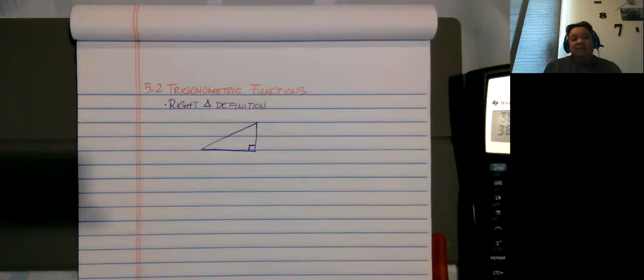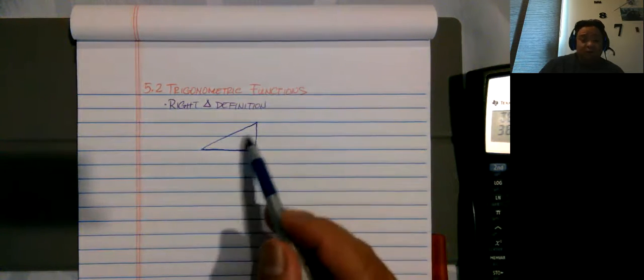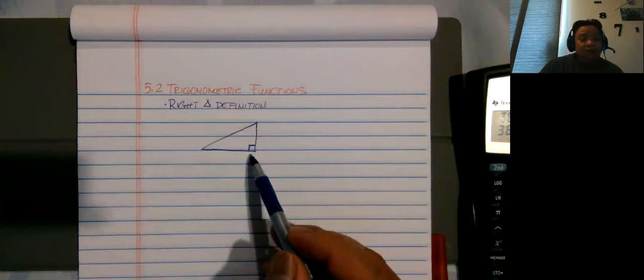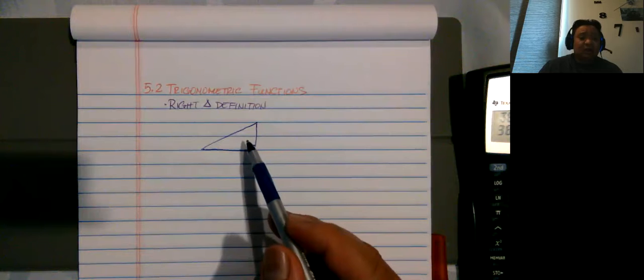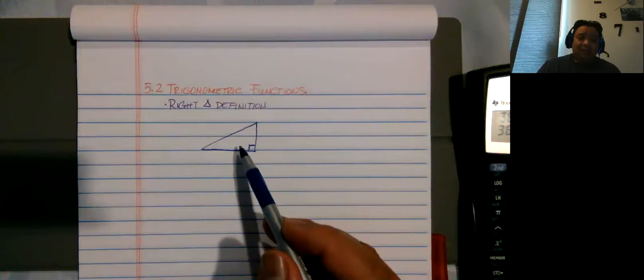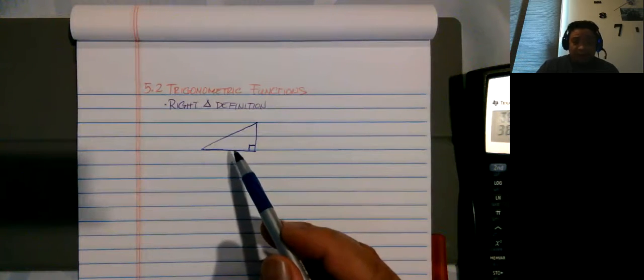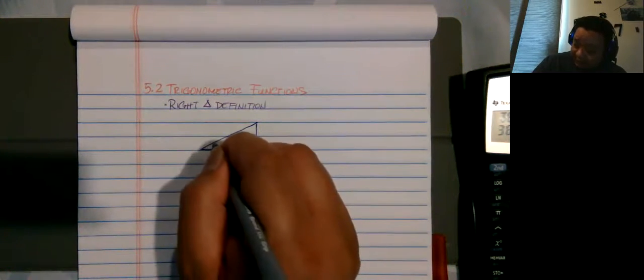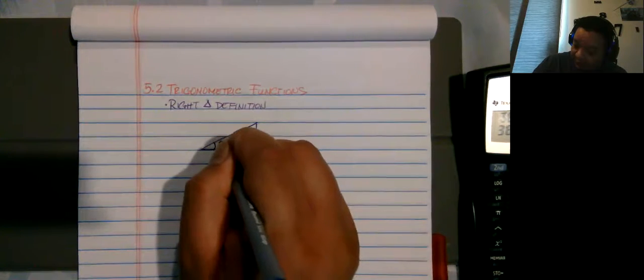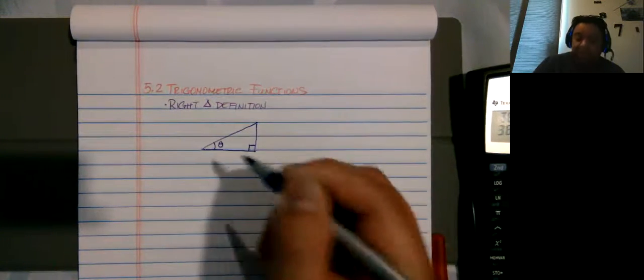And essentially, the trig functions are defined based on an angle on your triangle. So aside from your right angle, you also have to specify which angle you are forming your trig functions for. Let's say in this case, I'm going to choose this angle, and let's call this one theta.